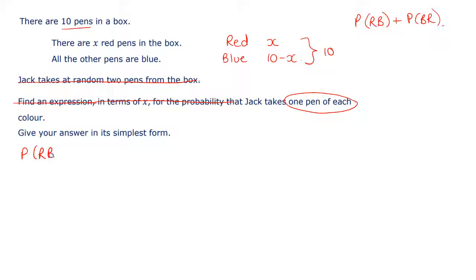So a red and then a blue. There are X red pens out of 10. And then the blue ones, we've got 10 minus X, that hasn't changed. And this time we've already taken one out, so the total is 9. So I'm just going to multiply those together.